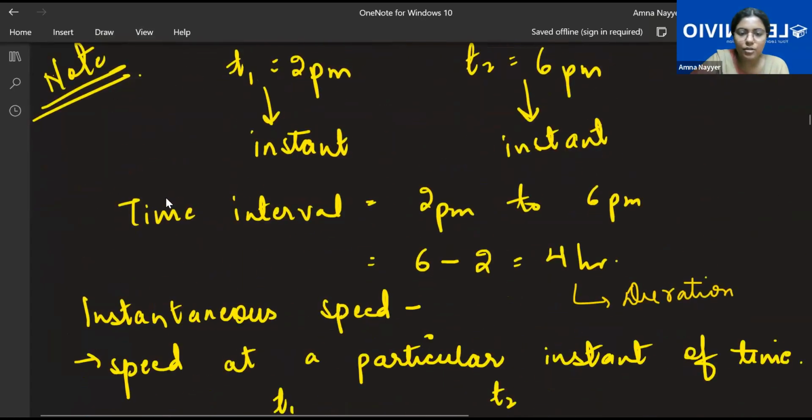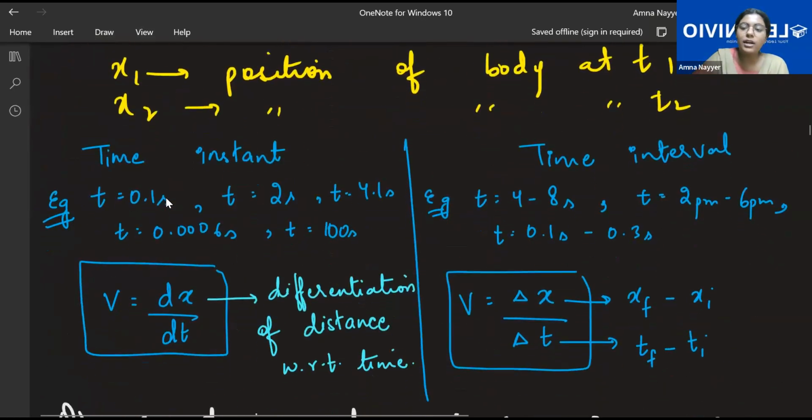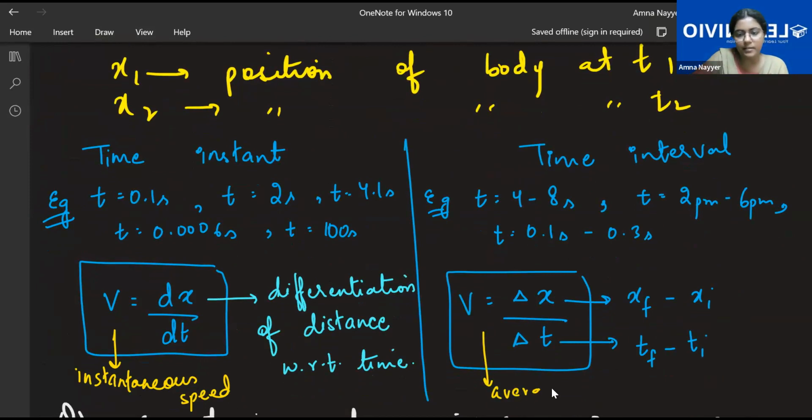First, you write this. See, this speed which comes on differentiation of distance is known as instantaneous speed. And this speed is called the normal speed that you calculate, the average speed.